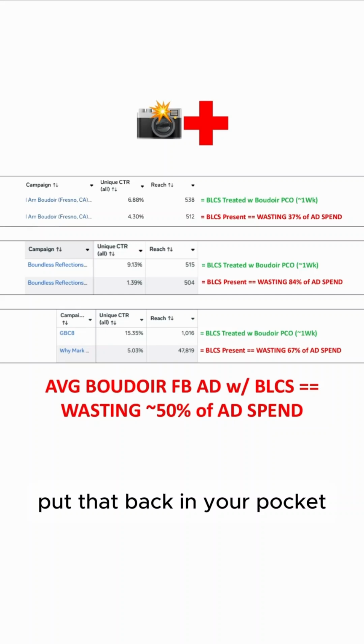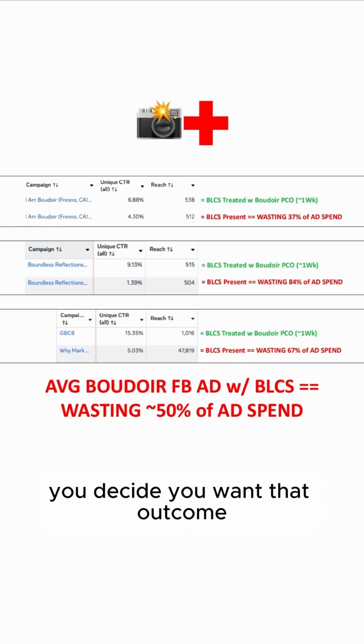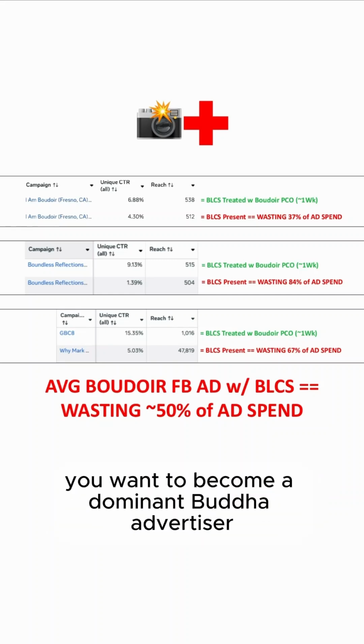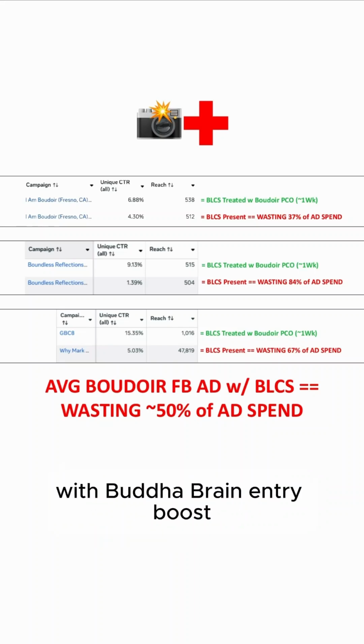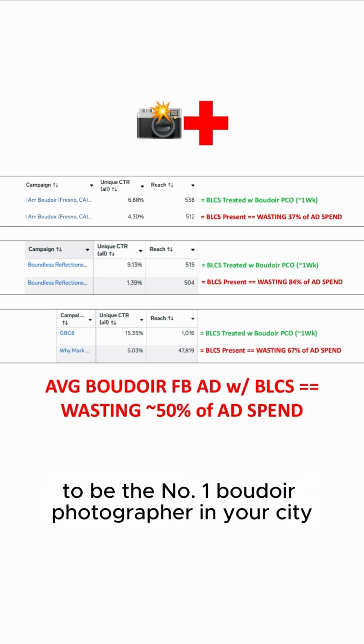Put that back in your pocket that you don't have to spend, so it's not being wasted. And approximately 60K over the next year. You decide you want that outcome, and you want to achieve pre-click alignment. You want to become a dominant boudoir advertiser with Boudoir Brain Entry Boost. As you know, you need that on your pathway to be the number one boudoir photographer in your city.